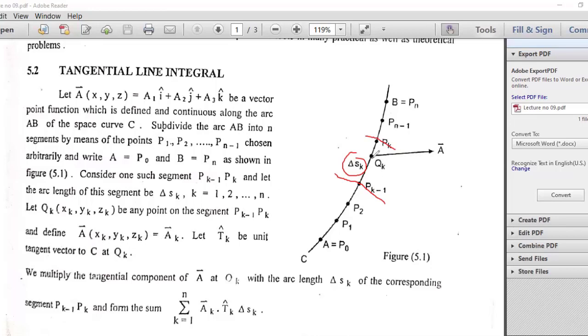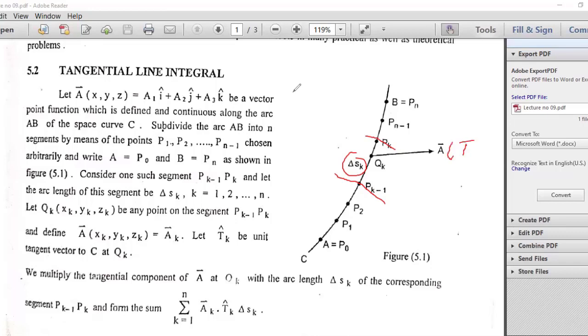Students, at this point Qk, I take a tangent and say this is a vector. Let Tk be the unit tangent vector on C at Qk, and the unit vector of this vector is Tk.